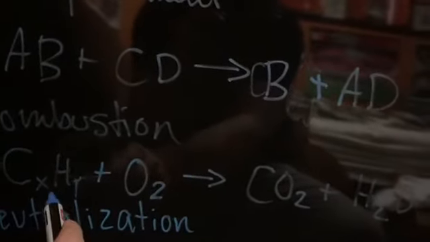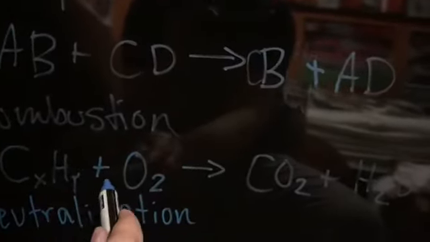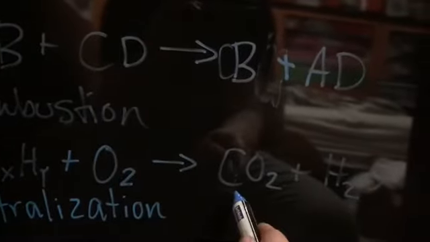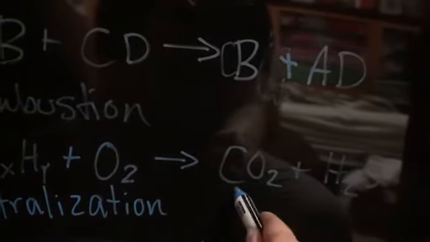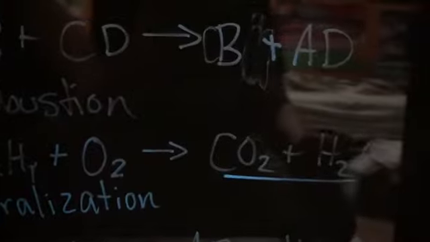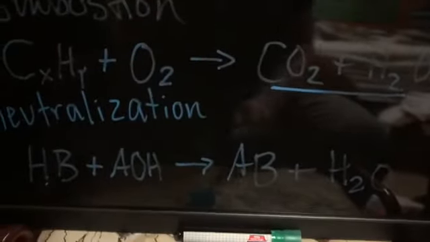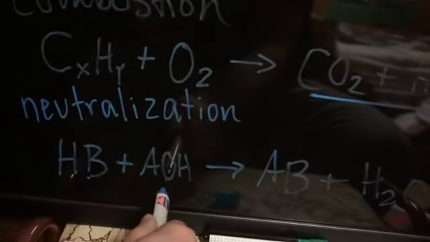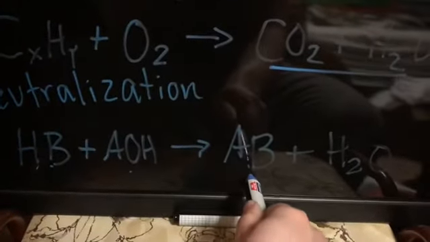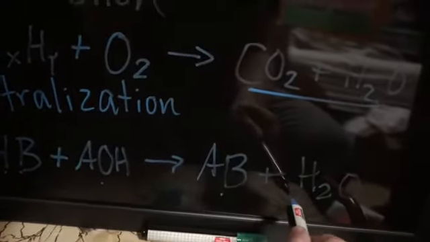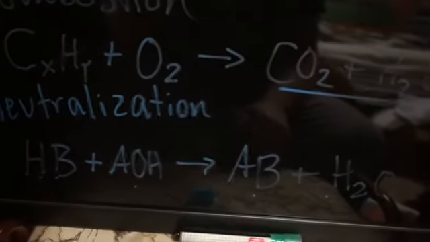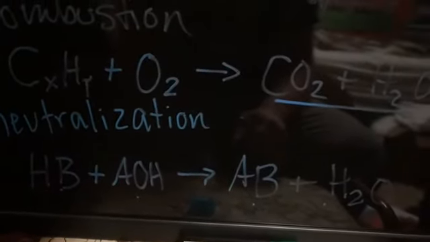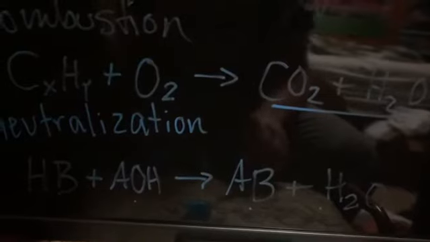Combustion is a special type. We have some carbon-hydrogen compound reacts with oxygen to create CO2 and H2O, and these are always going to be the final products. And then we had a neutralization reaction where we had an acid and a base create this, which is called a salt, plus H2O. And again, you don't have to worry about that last one. I just wanted to bring it up.